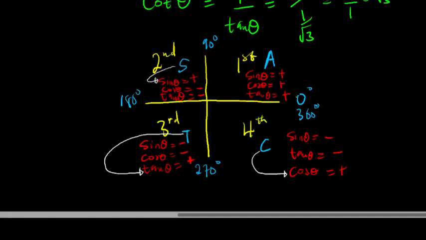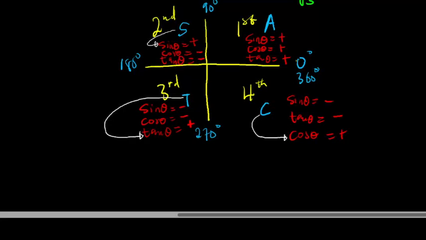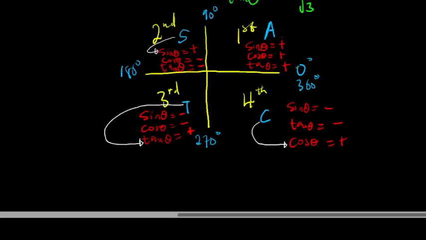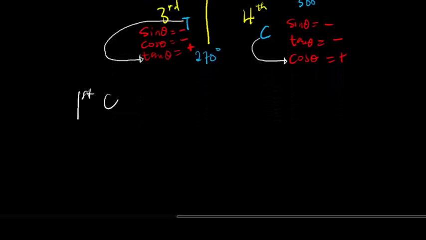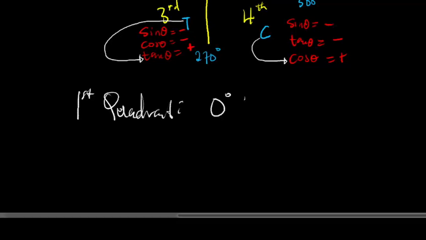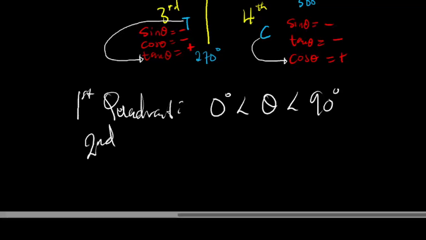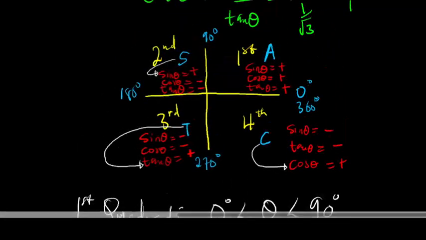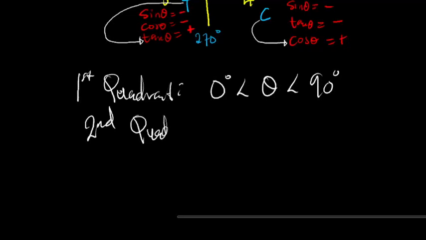Now, how are we going to know if what we are given is the first quadrant or the second quadrant or those quadrants? The first quadrant is always between 0 and 90 degree. The second quadrant is between 90 degrees towards 180 degree.